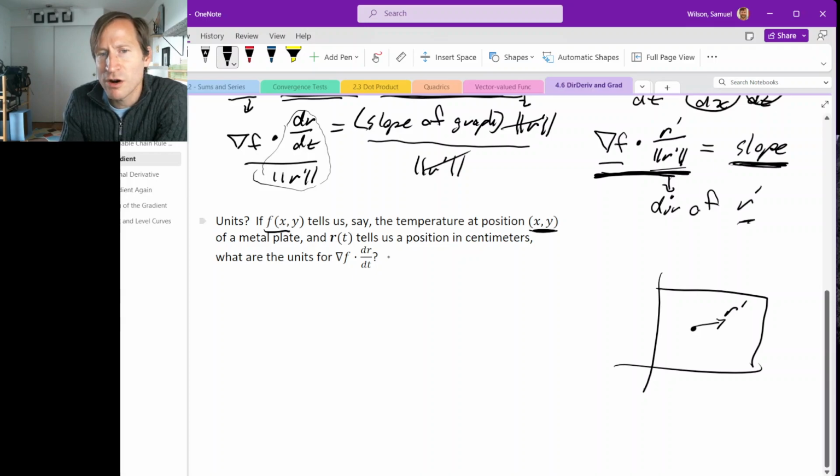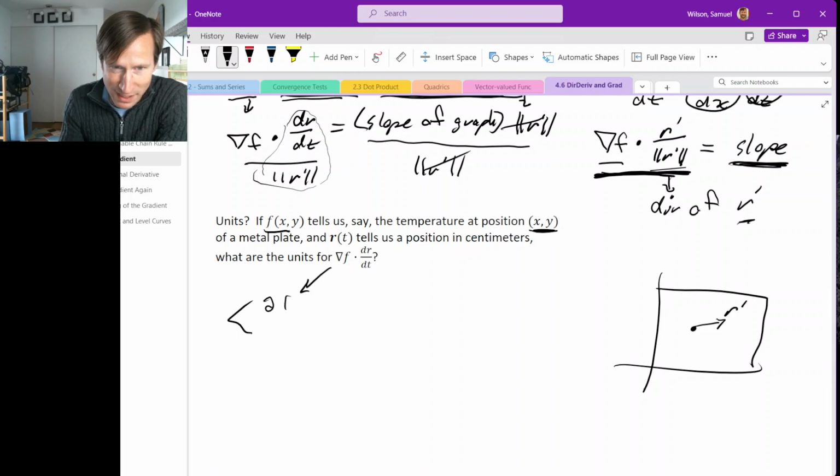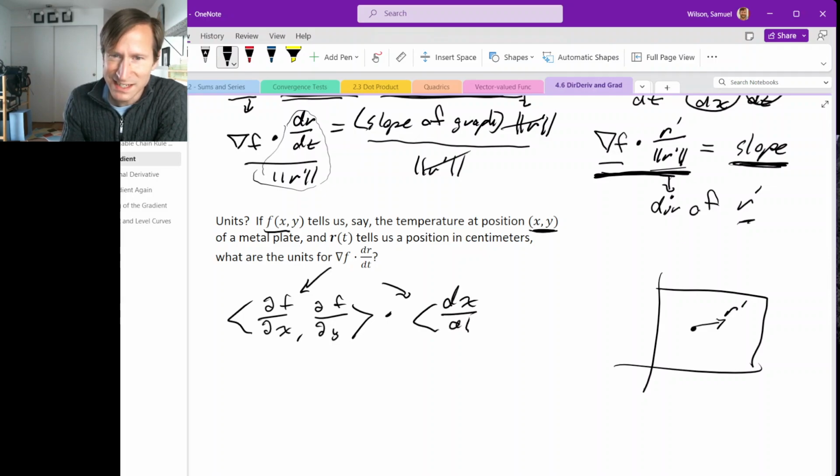Let's write down the units for the gradient of f dotted with dr dt. The gradient of f is partial f partial x, comma, partial f partial y. And dr dt is dx dt, dy dt.